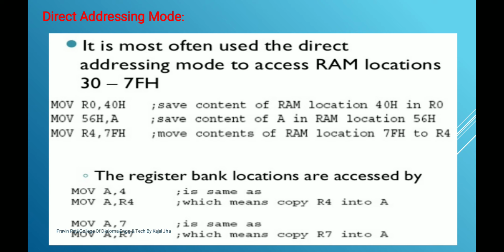If we use two data memory operands, then the first byte is the opcode, the second byte is the 8-bit destination memory address, and the third byte is the 8-bit source memory address. This is the direct addressing mode.